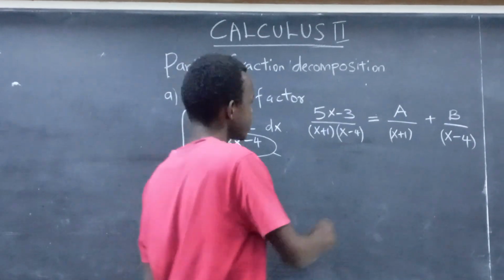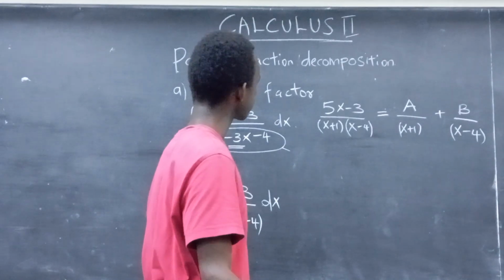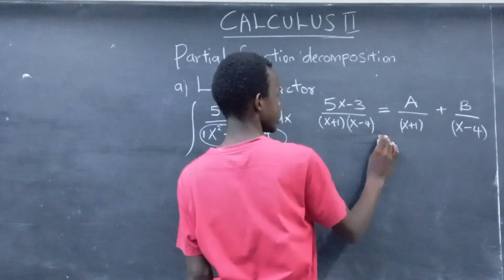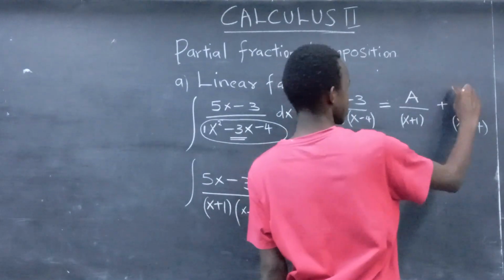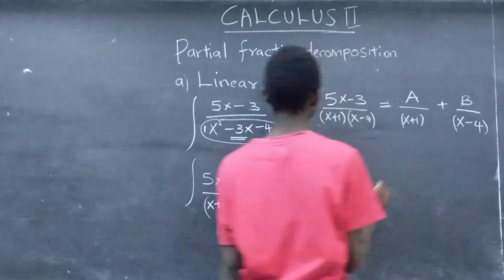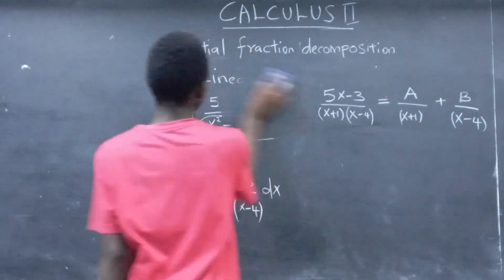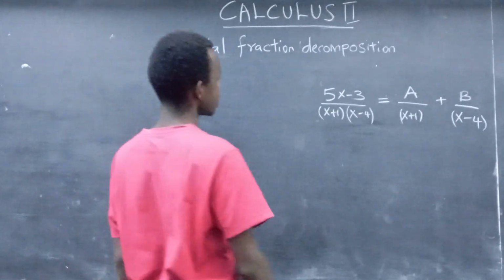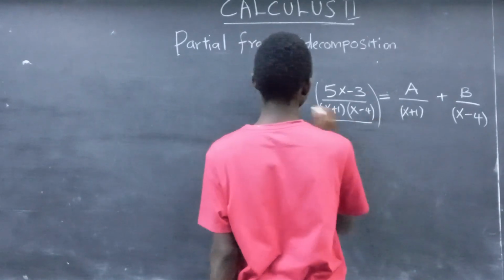So, in finding the values of a and b, we will multiply this side with the denominator, again multiply this part with the denominator, again multiply this other part with the denominator. So I'll just multiply for you guys to see. Multiply by the denominator, I will place my bracket, then I'll multiply by this denominator, this other side.